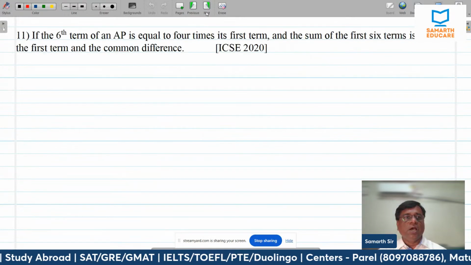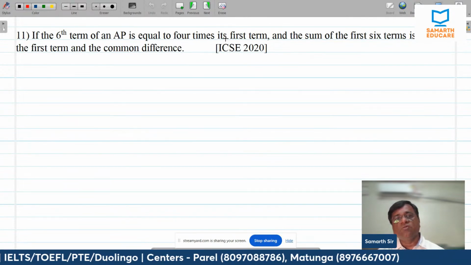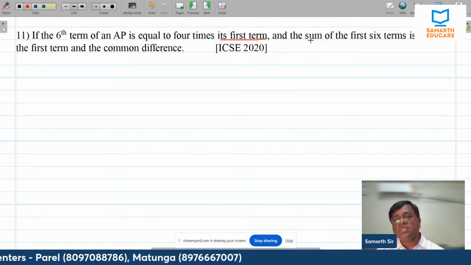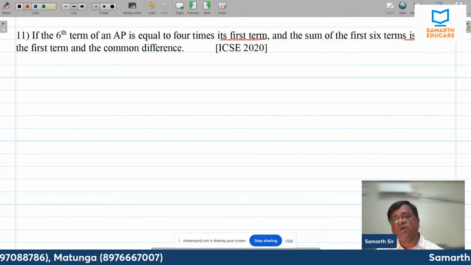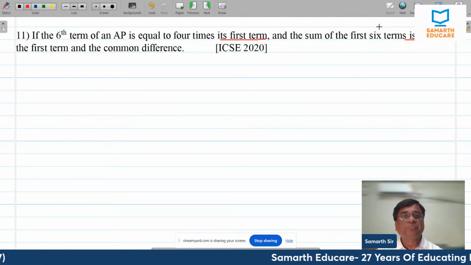All right, now 11th question. If the sixth term of an AP is equal to 4 times the first term and the sum of 6 terms is 75, find the first term and common difference.